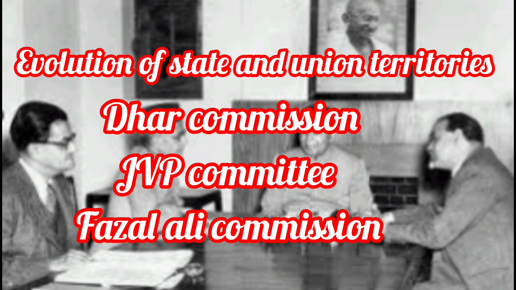On the ground of the States Reorganisation Act 1956 and the 7th Constitutional Amendment Act 1956, 14 states and 6 union territories were created at that time. So it's all about Articles 1 to 4 and the cases and committees related to the Union and the states. Thank you.